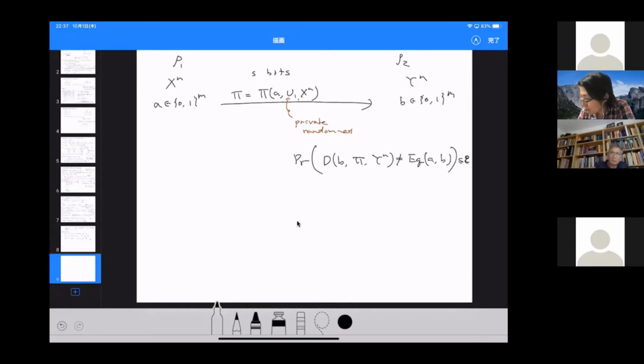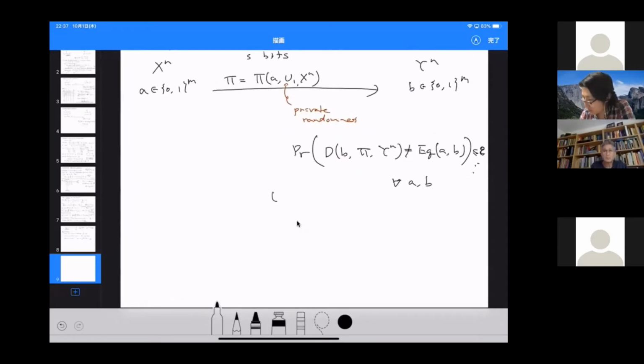So we want this probability to be smaller than epsilon for every A and B. So this X and Y can be any correlated random variables. And if there exists a protocol satisfying this, we say such a protocol is an (S, epsilon) ID protocol.